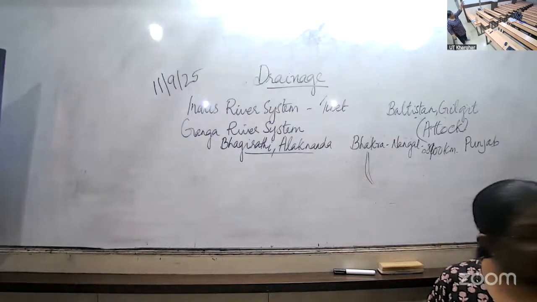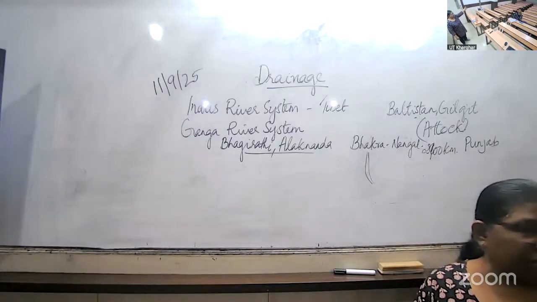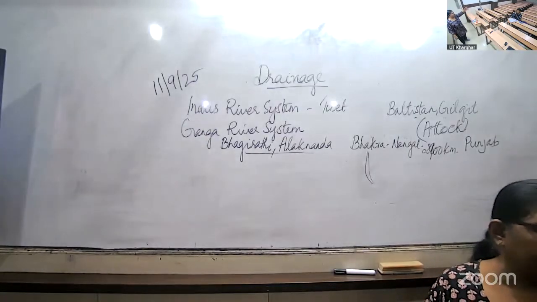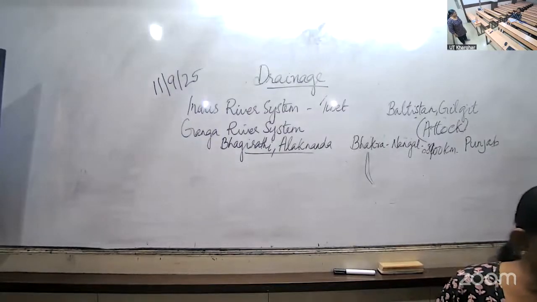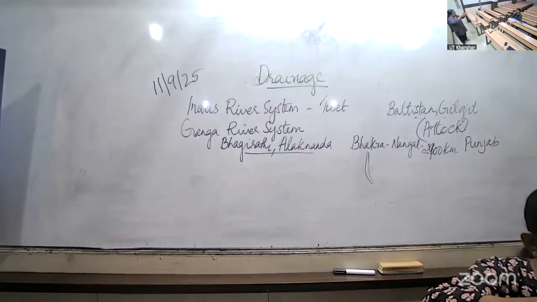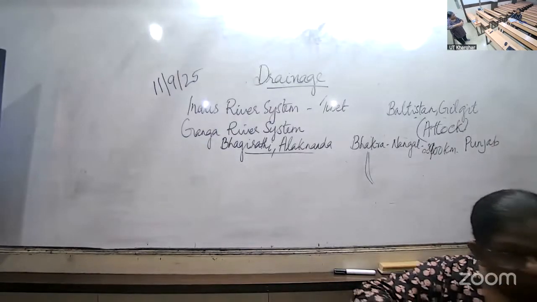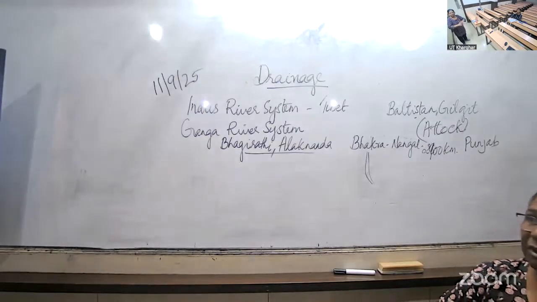You just imagine, this Yamuna itself is a big river. Recently, you might have read that in Delhi and other places the Yamuna overflowed. So this Yamuna is one of the major rivers and it is a tributary of Ganga. And where is it joined? Allahabad.